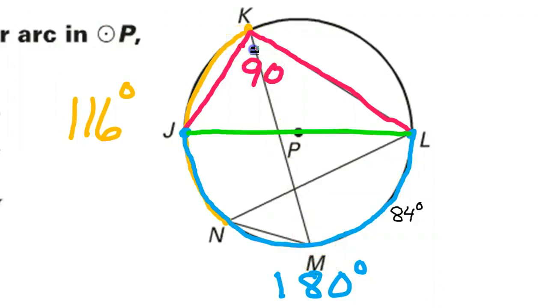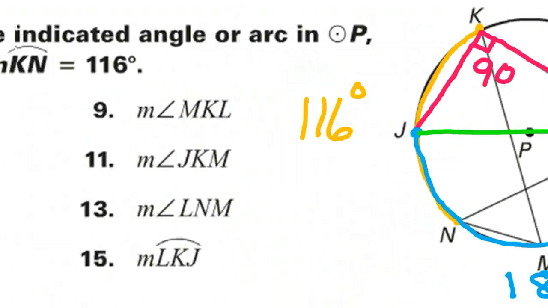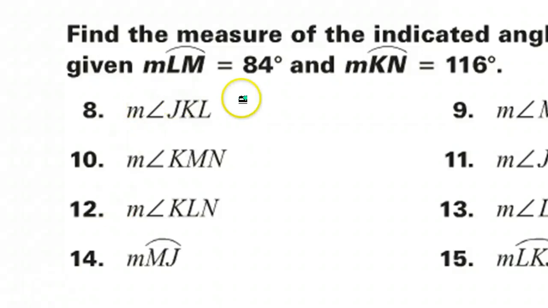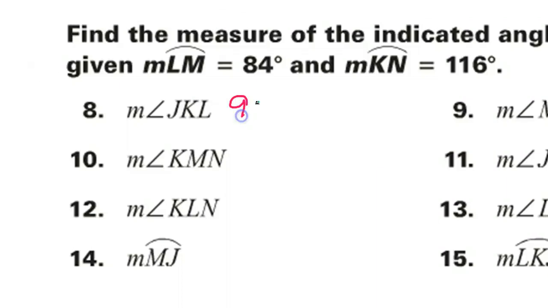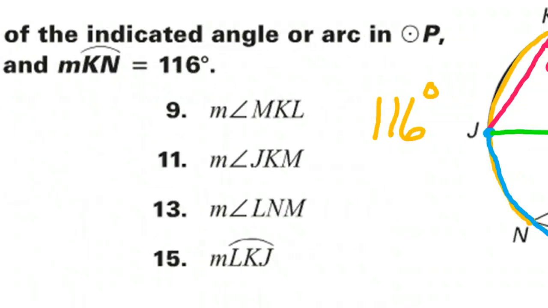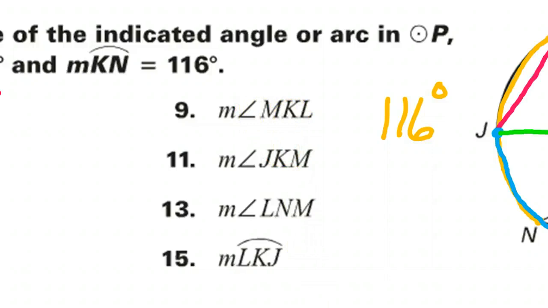In other words, it's a right angle. It's a semicircle, so the angle should be half, which is 90 degrees. Okay, good to know. That's what we were looking for on that one, so let's chalk that up as a win. 90 degrees.